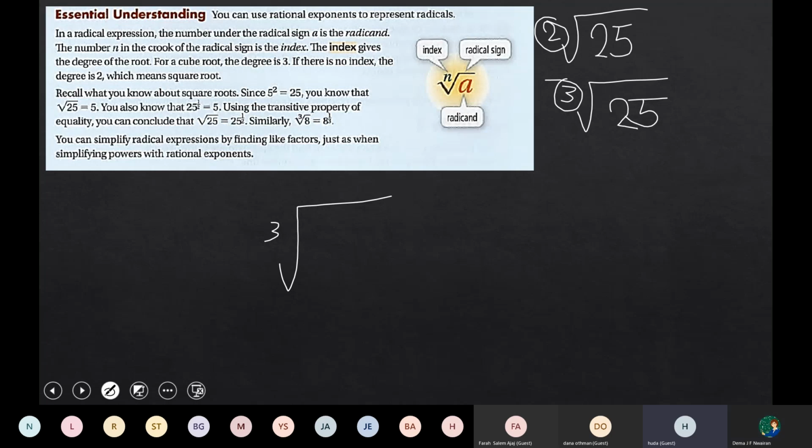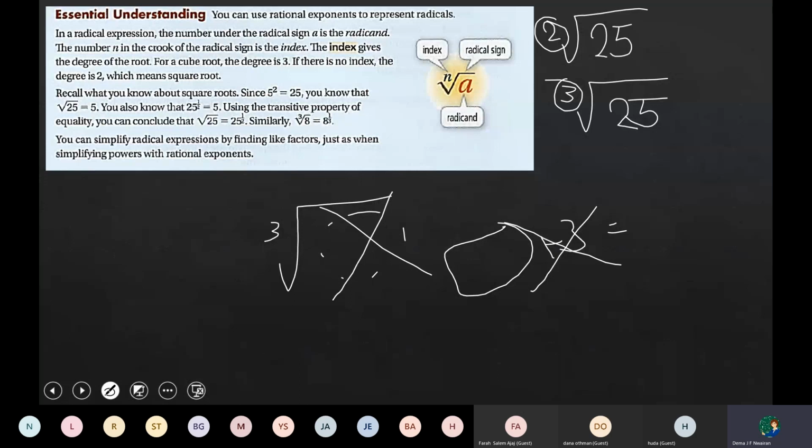If the 25 is not inside and the 3 is outside the root, what will we put inside the root? Here, it's not true. You have to put a number inside the root. If there is no number, it's not acceptable. Here also it cannot be, and here also it cannot be.